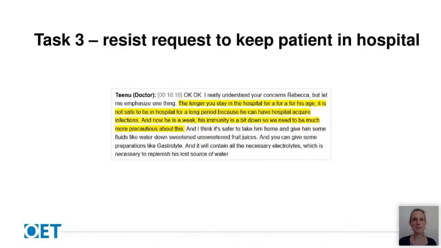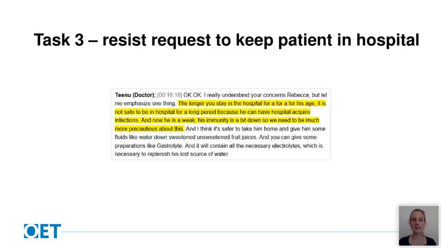One of the doctors went a bit further with their explanation about why the son shouldn't stay in hospital. So they mentioned that there are some risks actually to staying in hospital because of other infections and his immunity is reduced.